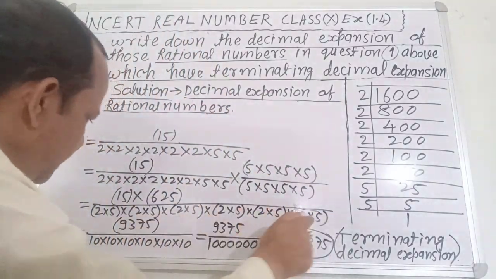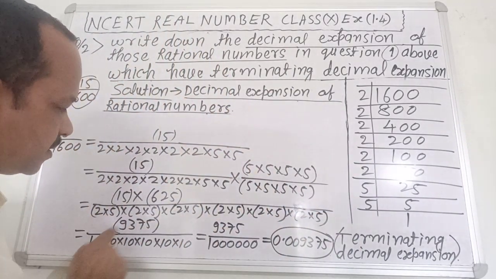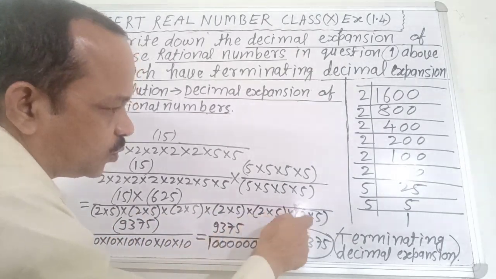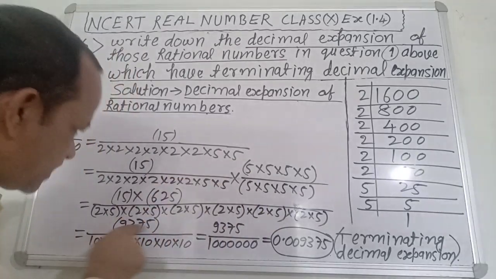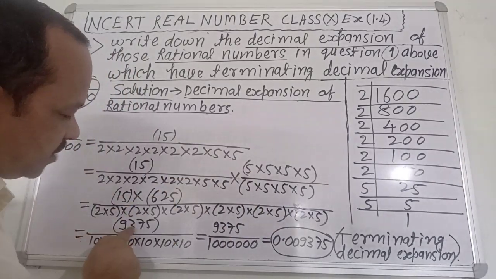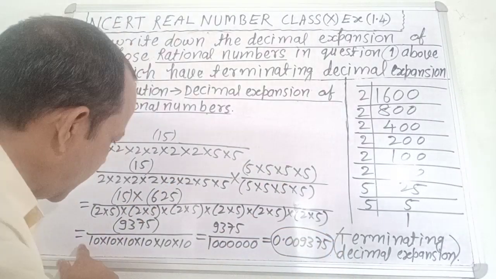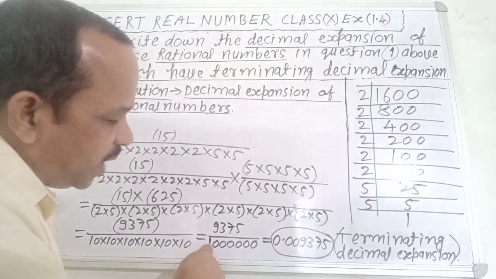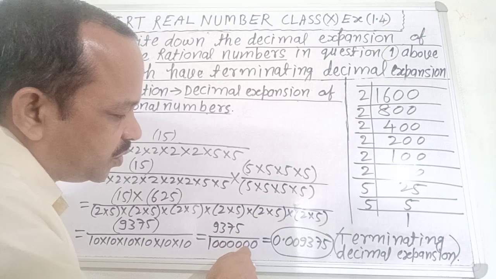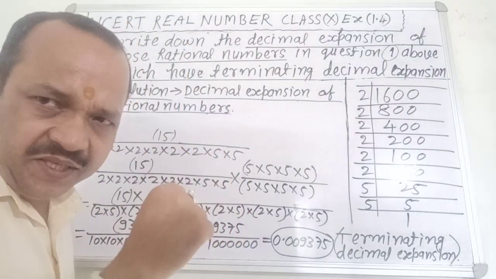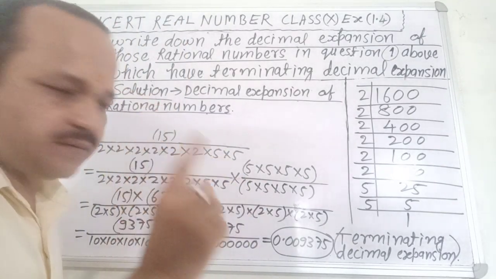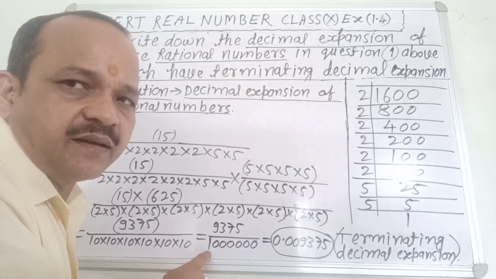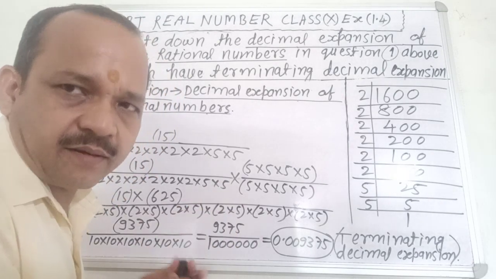Each 2 times 5 is 10. It becomes 9375 upon 1000000, which means 10 lakh.